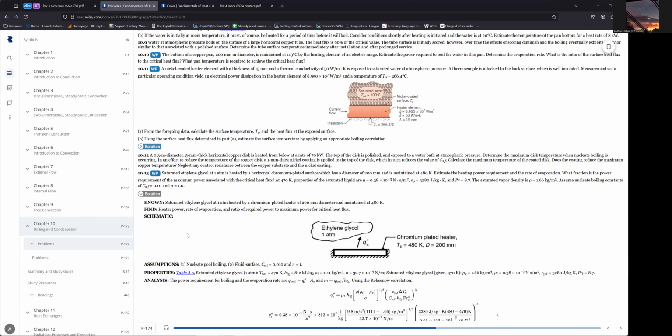And what is the rate of evaporation from that power requirement? And also, how close is the power requirement to the critical heat flux, at which point the fluid will be going past boiling and into the superheated range of the temperature curve.